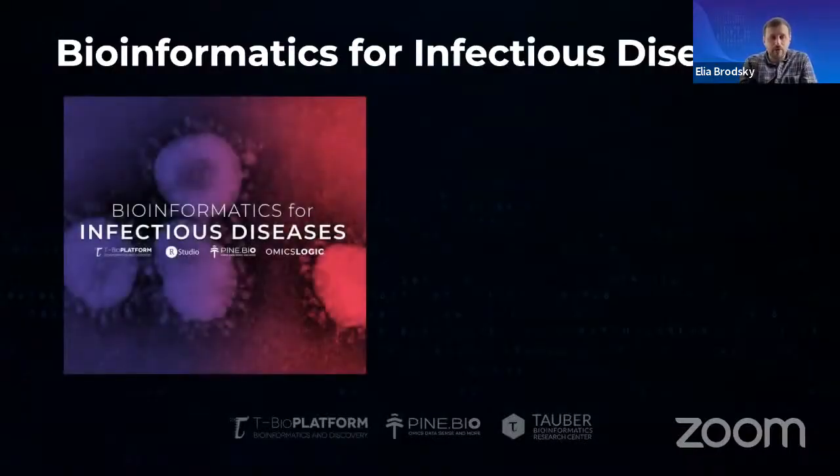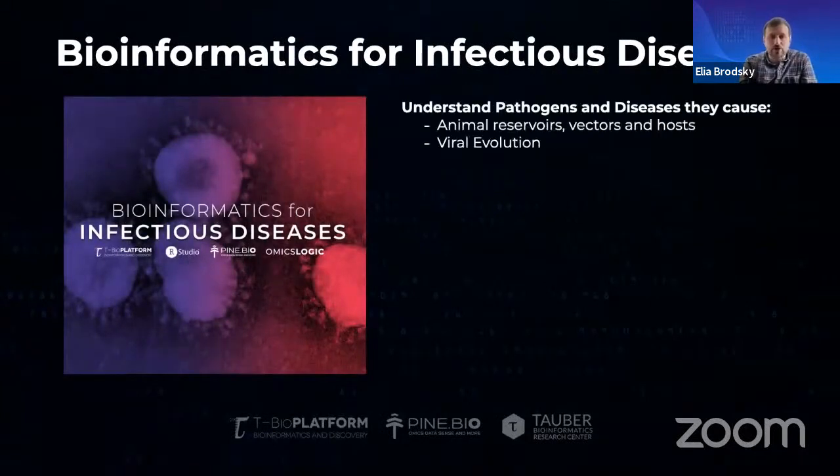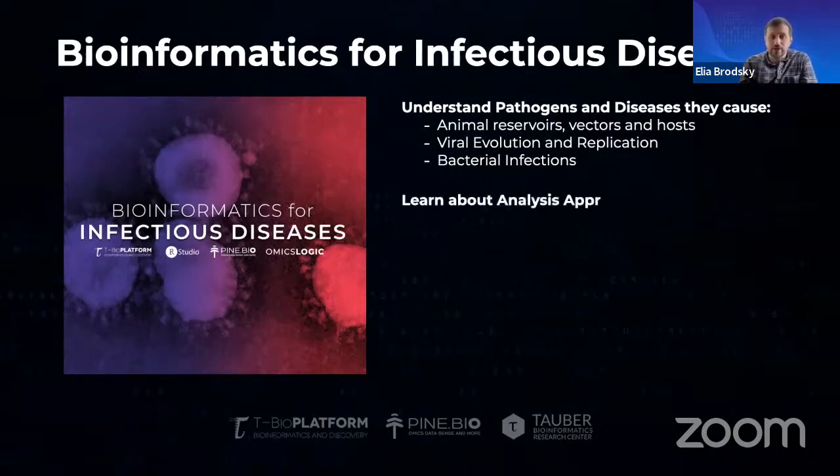This program, Bioinformatics for Infectious Diseases, is going to help you understand pathogens and the diseases that they cause, where they come from, what are the processes that cause the different types of changes in their genomes that we can observe, how can they cause infection, and how can that infection cause disease.